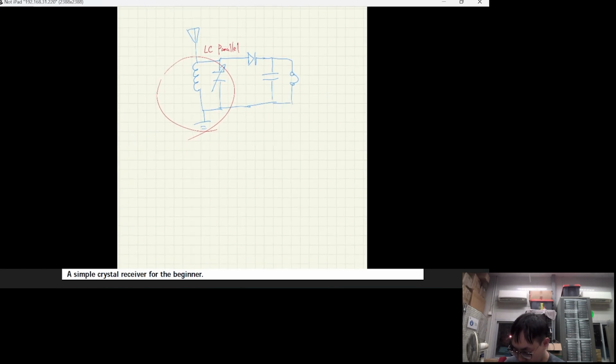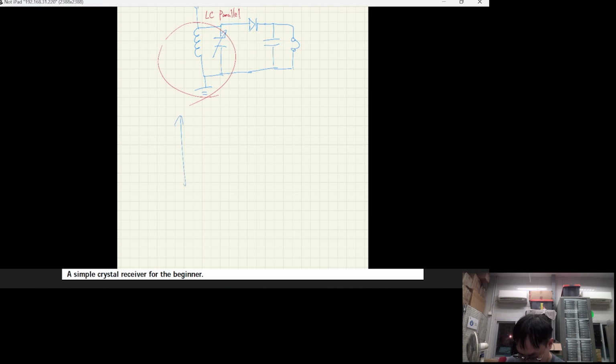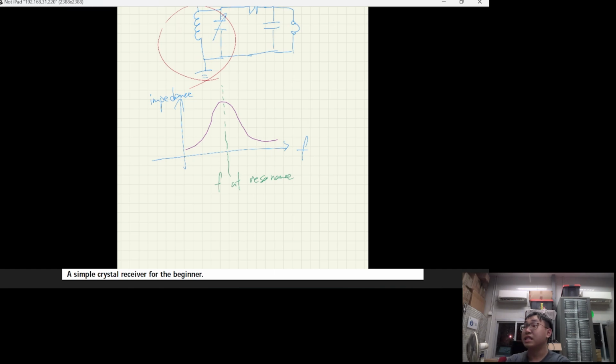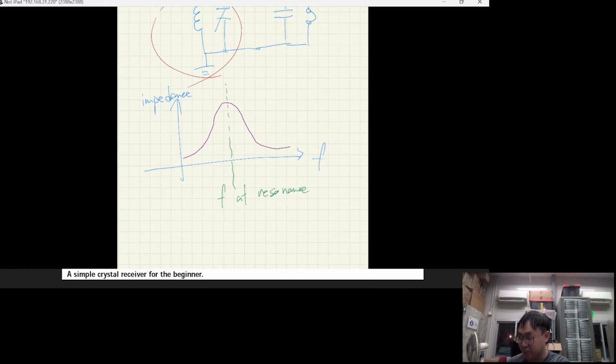When the frequency is at its desired frequency, this is the impedance. The resonance is at LC resonance.